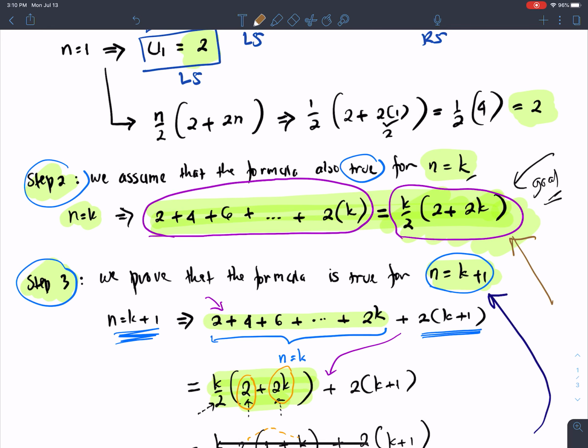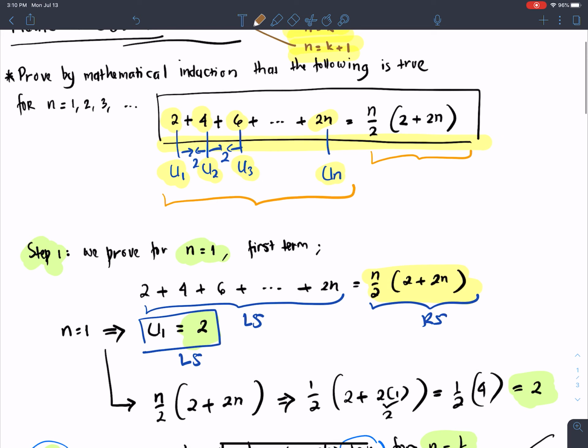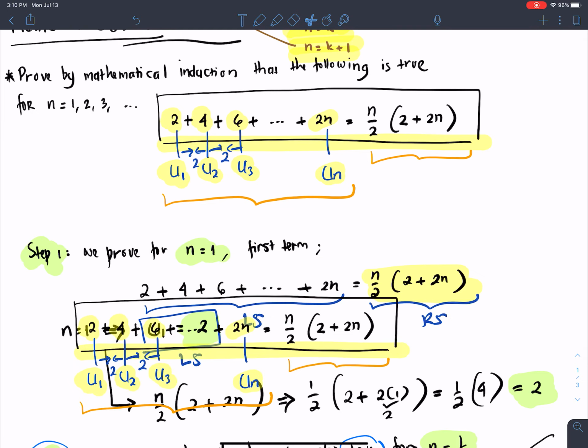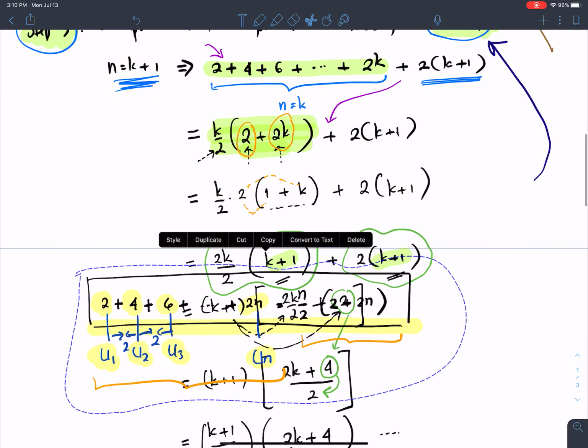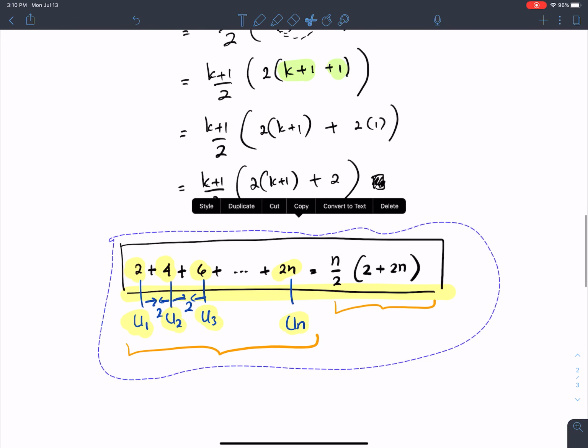Okay, so I'm going to take again the problem, which is over here. Let me just carry that first, so we can compare with our final result. Yes, over here.